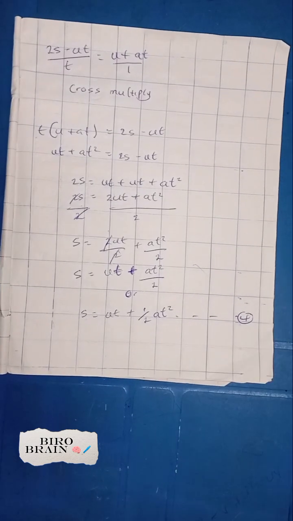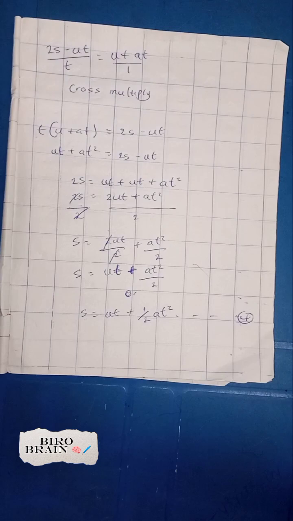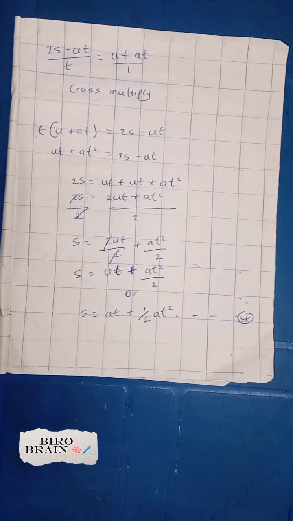So you have to remember the first thing we did is that we got our first equation of motion from average velocity, which is equal to displacement over time. Then the second equation of motion, we got it from acceleration, which is the rate of change of velocity with time.